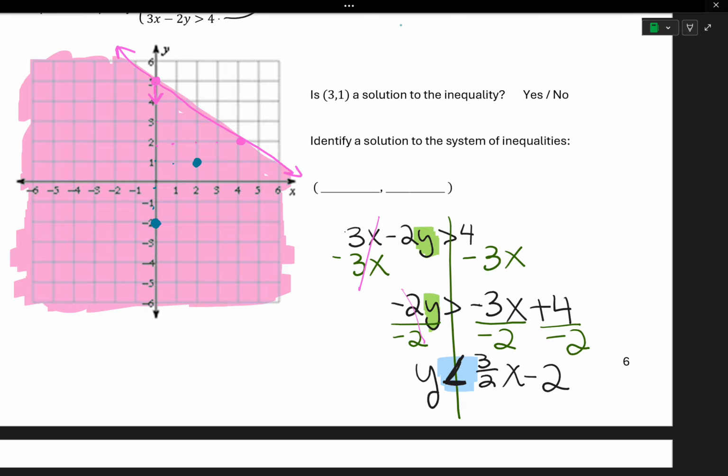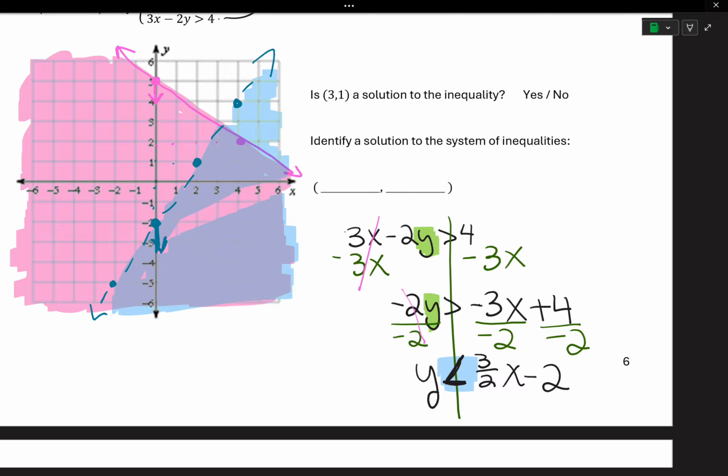I'm going to follow up 3 to the right 2 one more time, just to make an accurate dashed graph. Accurate enough. Since it is less than, we're going to be shading below the y-intercept, which means we're shading all over here.